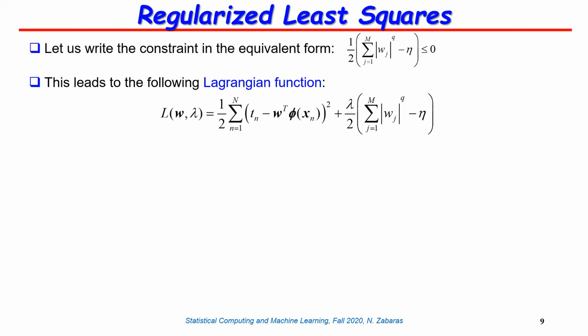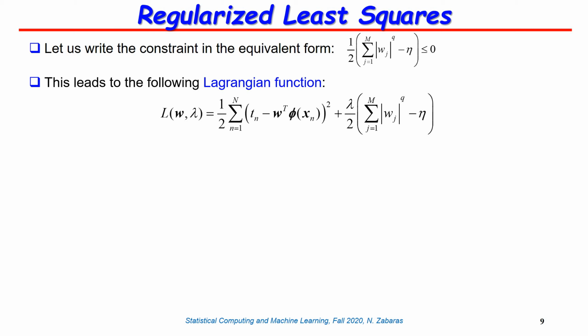We will see what those are in the next slide, just for your information. But think that to solve this problem, you have to optimize it with respect to both W and lambda.